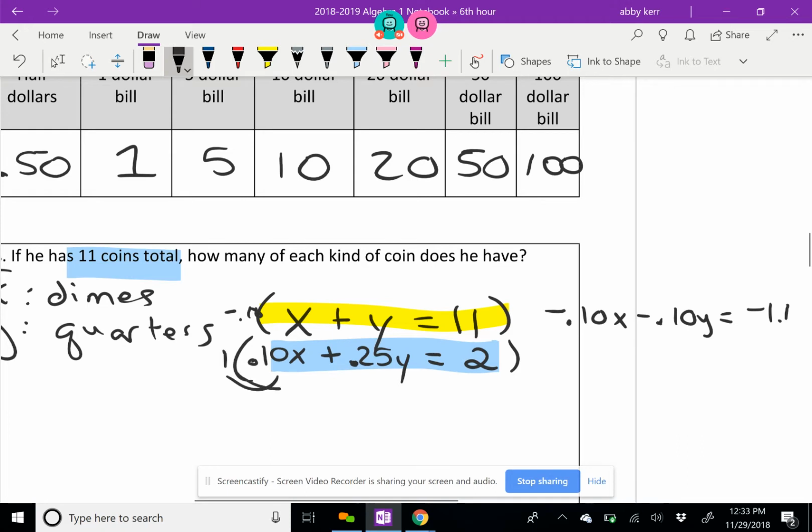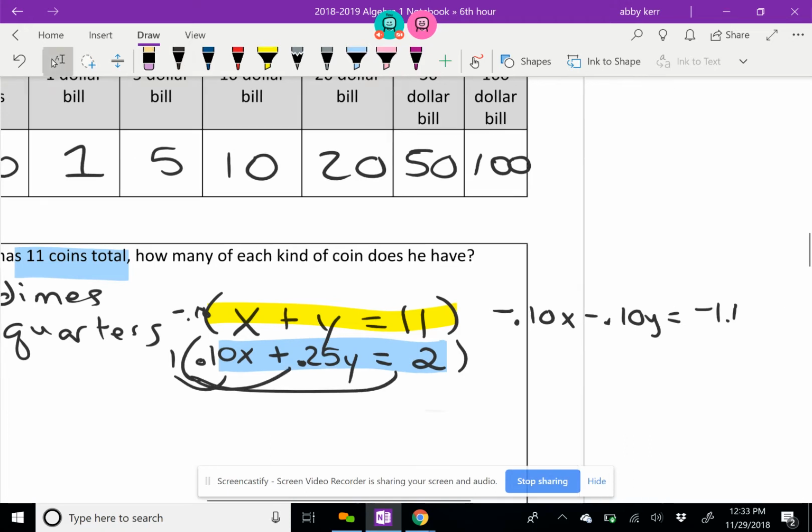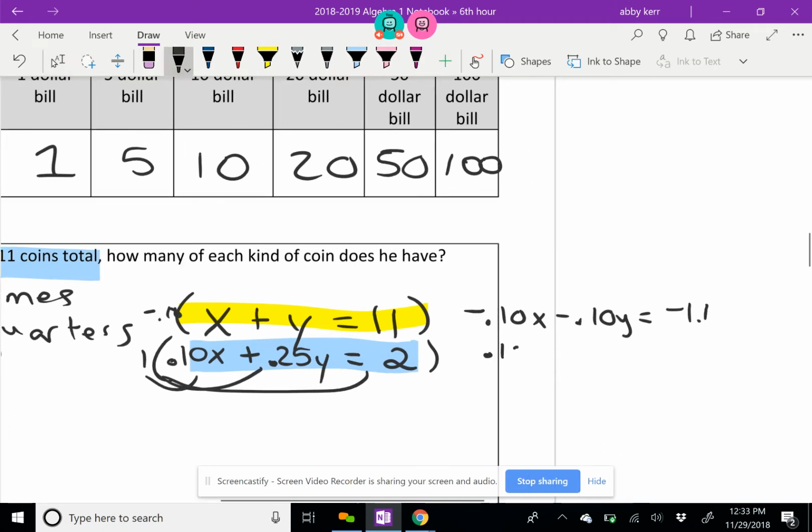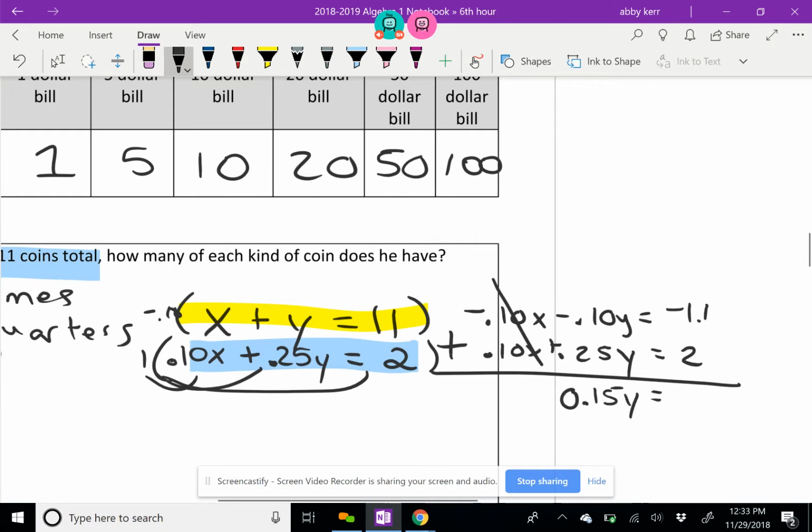Now, the nice thing about the blue equation, when you multiply by 1, nothing changes. Now, when you add it up, you have to be careful, especially with decimals. The x's go away. Negative 0.10 plus 0.25 is a positive 0.15.